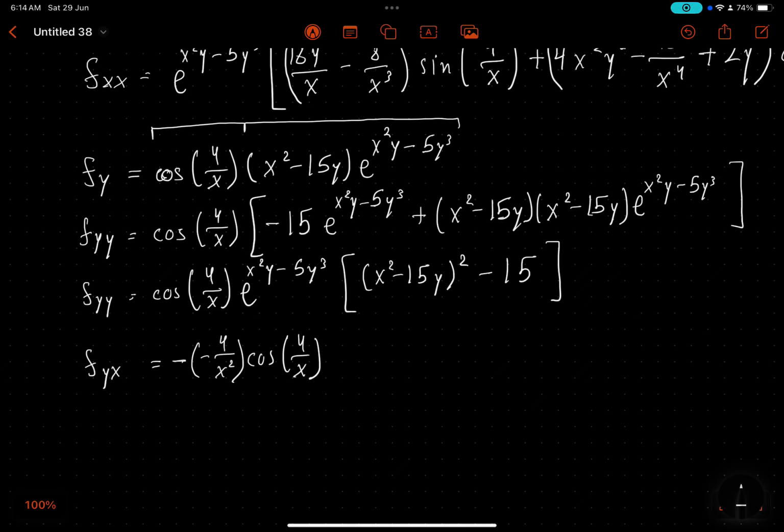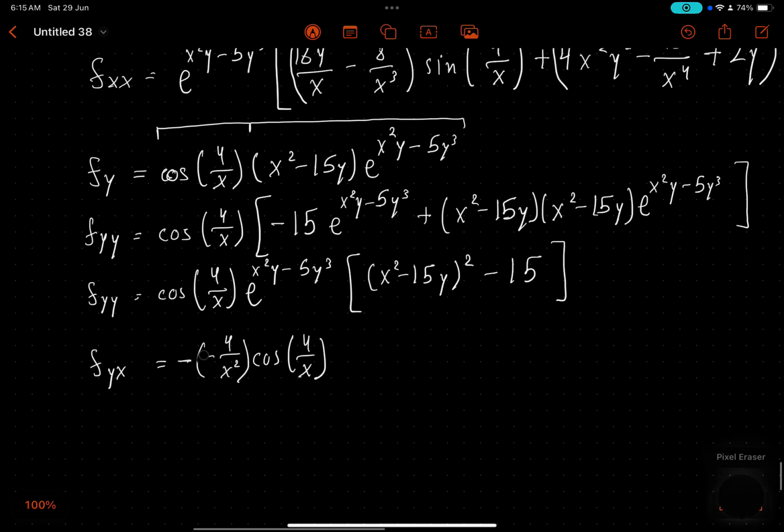Now I differentiated cosine of 4 over x. Now this is going to be multiplied by the second part, which also requires another product rule.